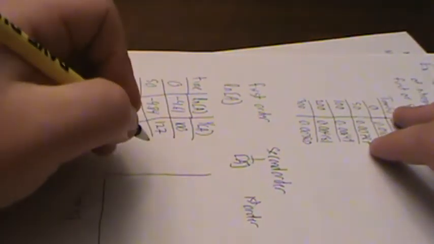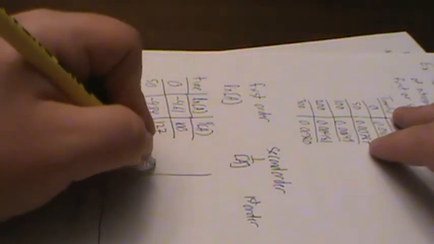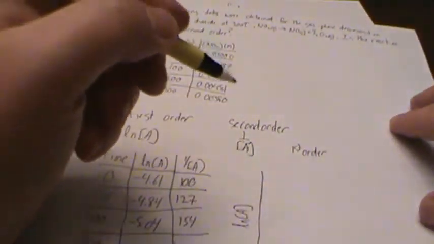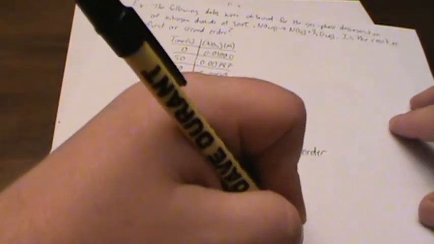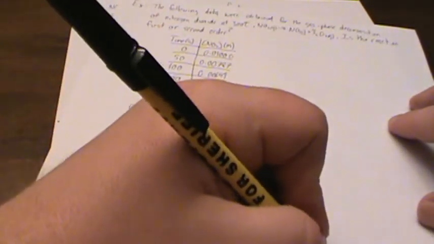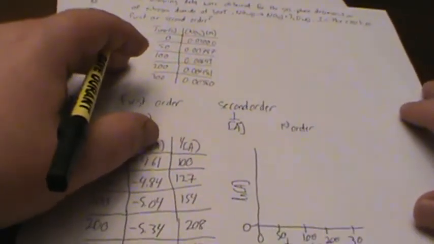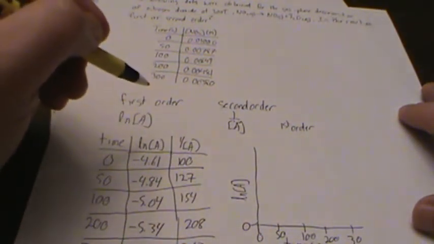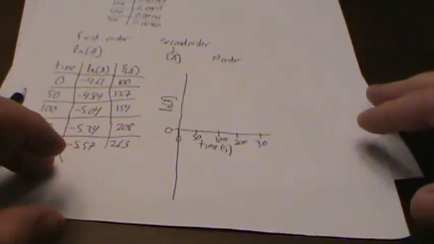The x-axis is going to be the time, which is given to us in seconds. And for the first order, the y-axis is going to be the natural log of the concentration. Okay, so we have 0, 50, 100, 200, and 300. Actually, since all the natural logs are negative, I'm going to have them going down this way instead of going up.